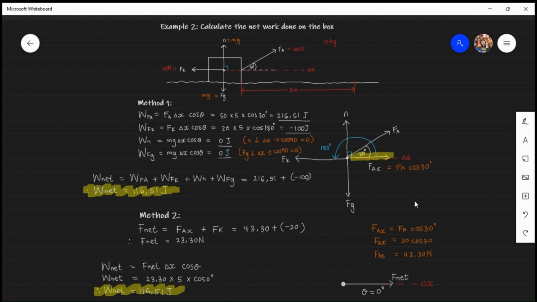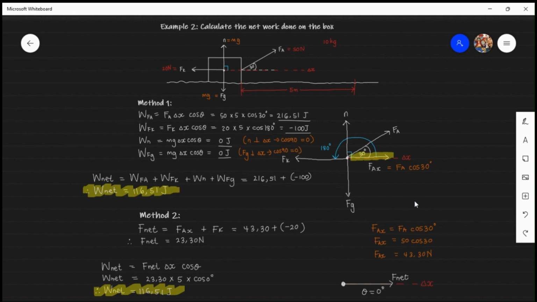And when we substitute our values of our forces into our formula, we do not take into consideration the directions of the forces, so we will only substitute the magnitudes. We will not substitute a negative or positive sign which indicates direction, because we are calculating for a scalar quantity, which is work.